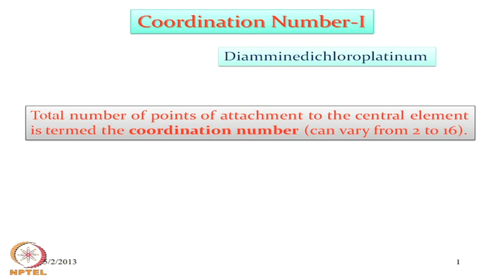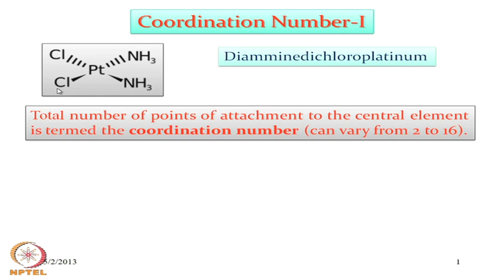So, what we have just seen during the IUPAC nomenclature of some compounds, we have encountered the corresponding medicinal coordination complex, which can be used as very good medicine, which is diamine dichloroplatinum. And this diamine dichloroplatinum immediately tells us the number of ligands giving the corresponding attachment to the platinum center. We have 2 amine ligands and 2 chloro ligands.